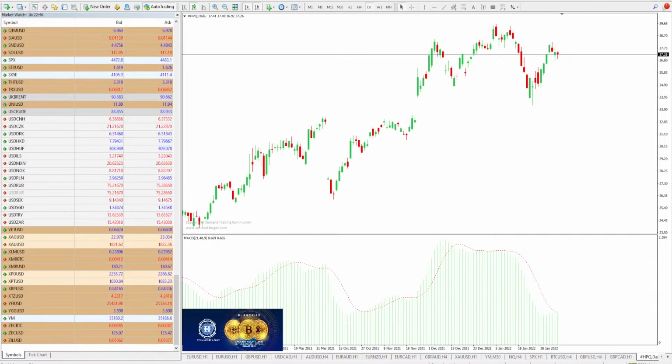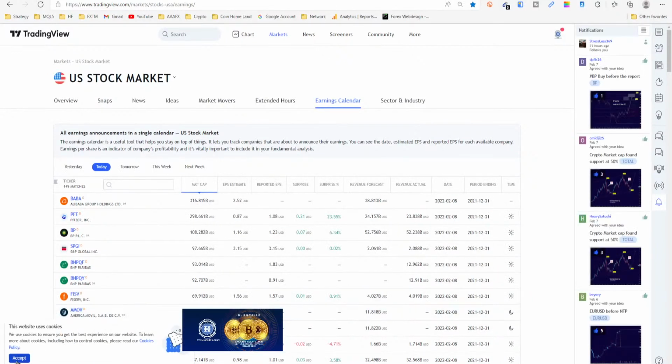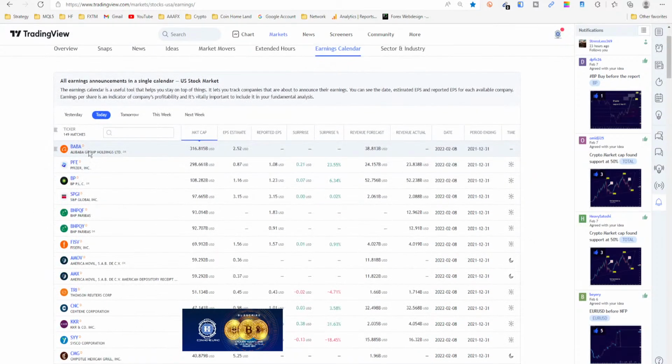Let's see what's happening in the stock companies right there. So today, Alibaba company reports their revenue.